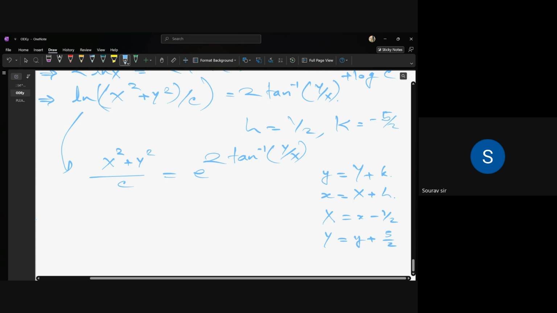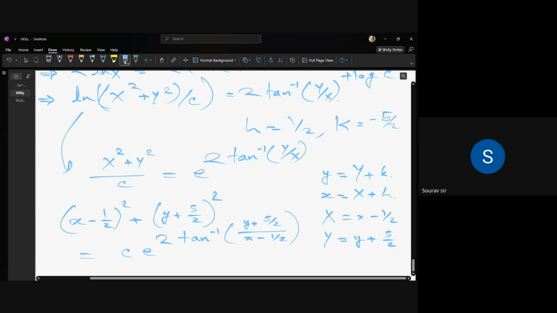So what are we getting now? x minus half whole square plus y plus 5 by 2 whole square equals to c e to the power 2 tan inverse of y plus 5 by 2 by x minus half.